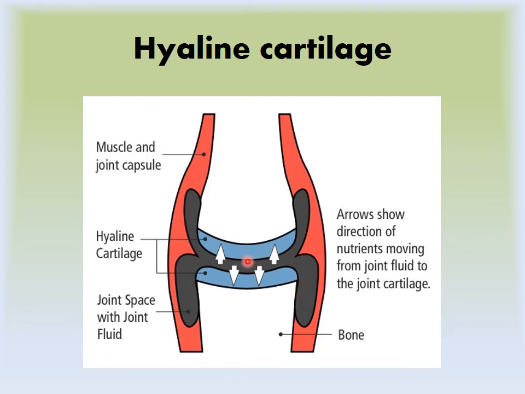This is just an empty space that's actually filled with fluid to help with the impact and stuff like that. But on each side of these bones here, we're going to find hyaline cartilage. And later on, we're going to be talking about how bones grow and the epiphyseal plate, which we'll get into later. But again, this all happens around the hyaline cartilage.